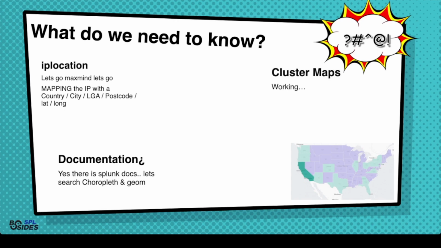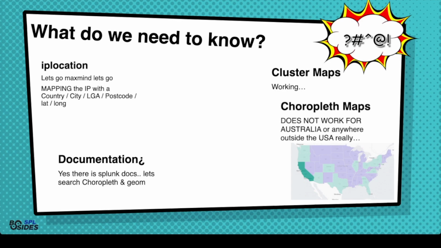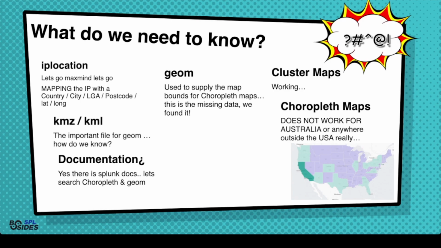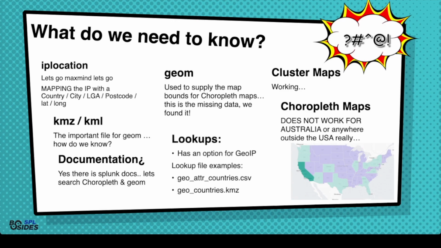We know a little bit about cluster maps, they're working, but our choropleth maps are not. And we're going to use our geom data. We've discovered that from our documentation. And we're going to have a look at our KMZ or our KML files, which we've also learned from our documentation. So this is about following the bouncing ball and getting to that point in the process. That's how we're going to create our lookups.